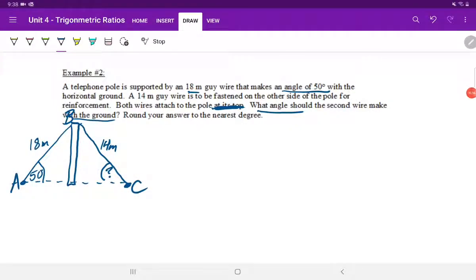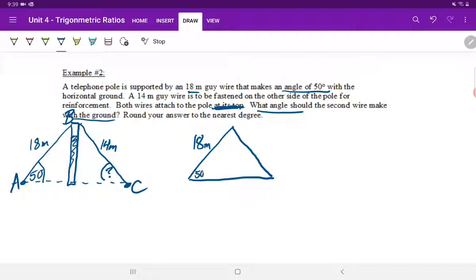From this point, I would say your first step should be to label or maybe even redraw the diagram without this obstruction here, just to have a neater diagram where this is 18.